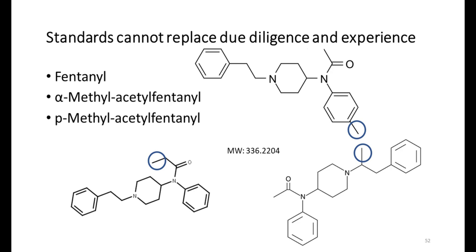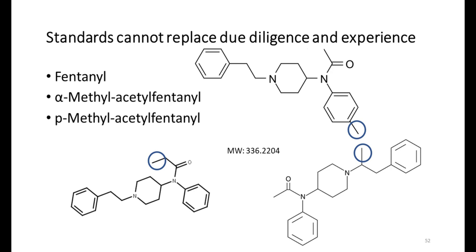So down here on the left is fentanyl, and up on the top right is paramethylacetylfentanyl, and down on the bottom right is alpha-methylacetylfentanyl. All of these molecules have the exact same molecular weight. And so using a high-res instrument is not going to get you an identification necessarily.